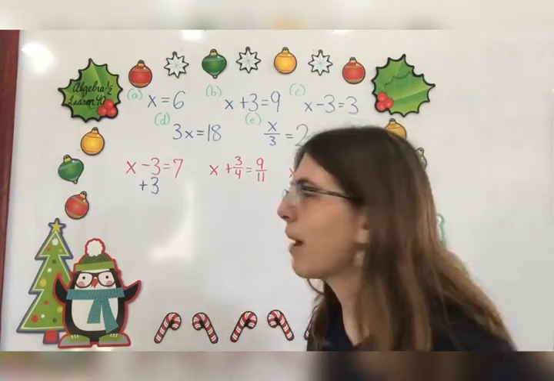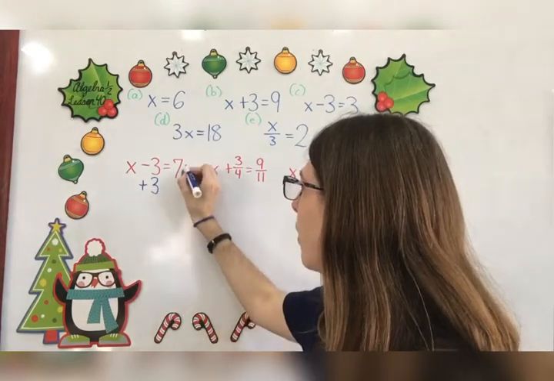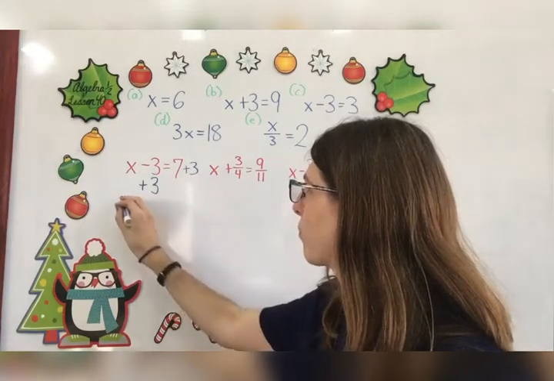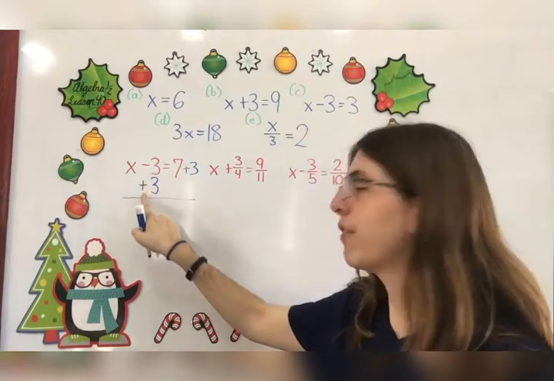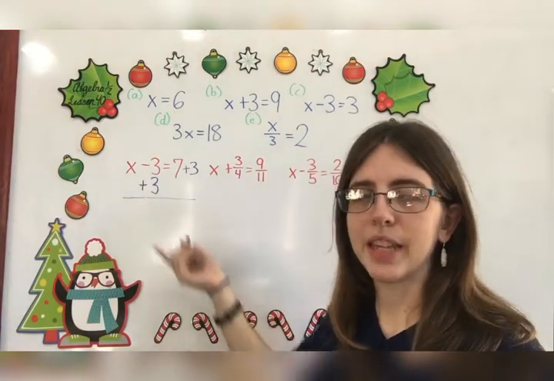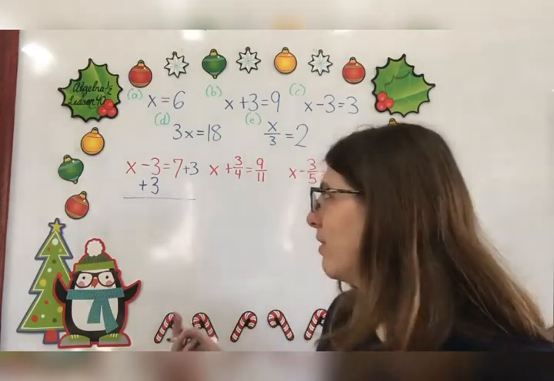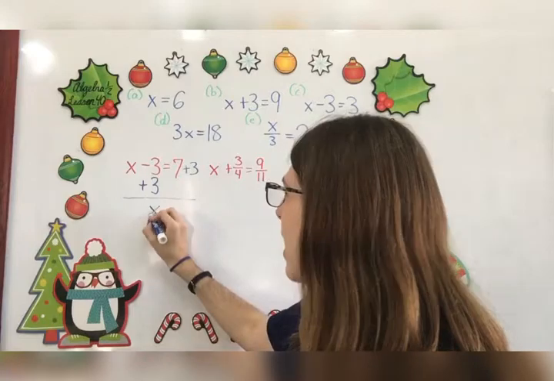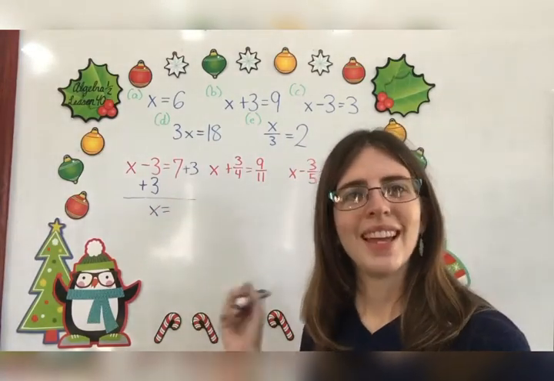But according to my rule, whatever I do to one side, I have to also do to the other. So I have to add 3 to 7 as well. And so that cancels out my 3 here, because a negative 3 and a positive 3 equals what? 0, right? So x minus 0, so that's just x. So that cancels out. I have x by itself now. 7 plus 3 is 10. Very good.